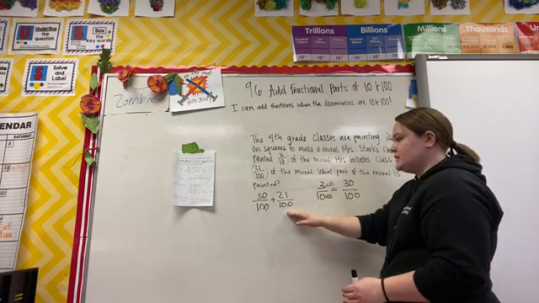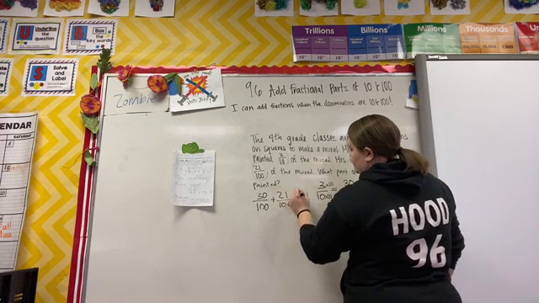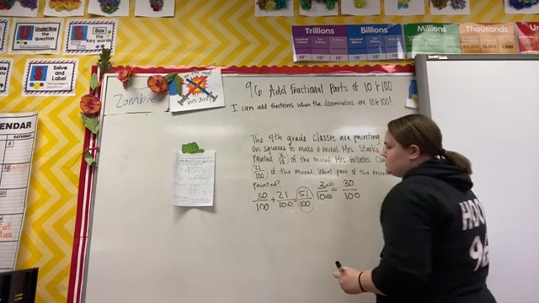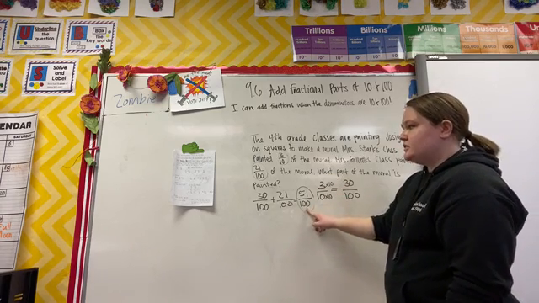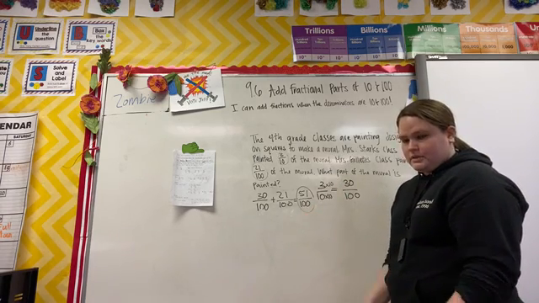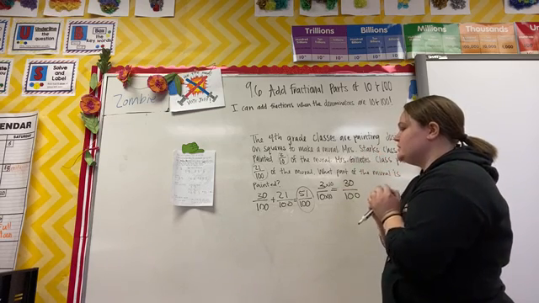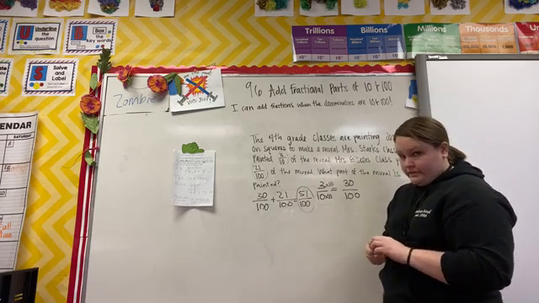Now I can go ahead and add these together. 30 plus 21 equals 51 out of 100. So altogether, the 2 classes painted 51/100 of the mural. Okay, when you put all of their paintings together, it's 51/100. Okay, we will do more of this.